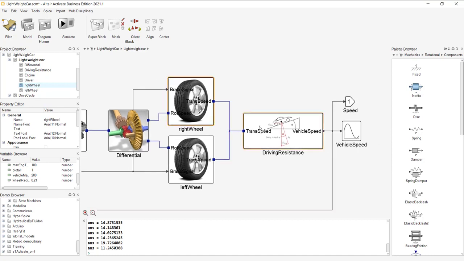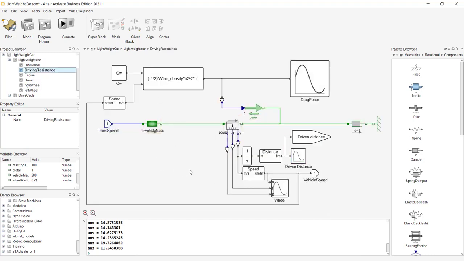So now moving to the right in our system diagram, we have our driving resistance, or our drag force. So here we have an equation which calculates based on air density what the drag force would be, and it's fed into a force block, again working against the vehicle mass and our translational speed.